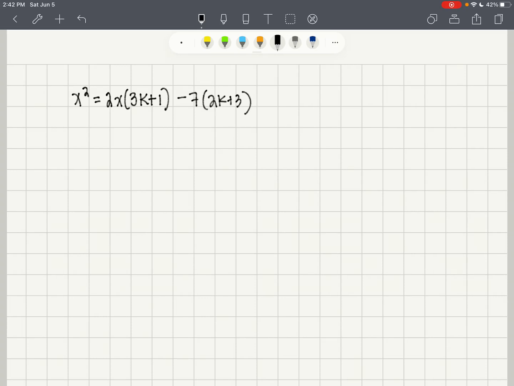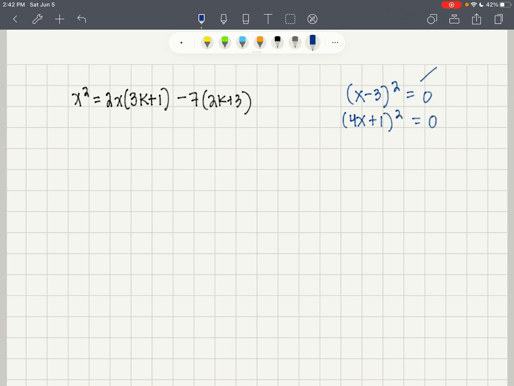Okay, this problem right here, this quadratic equation, is asking us to solve so that we have two equal roots. When we're talking about two equal roots, we're talking about something like (x minus 3) squared equals 0, or (4x plus 1) squared equals 0.